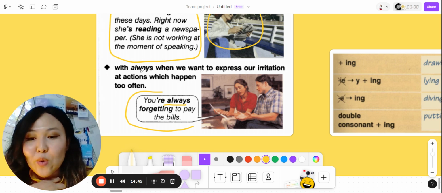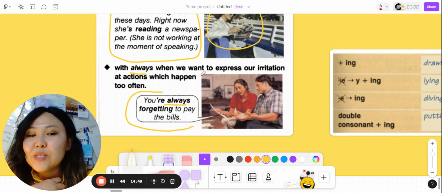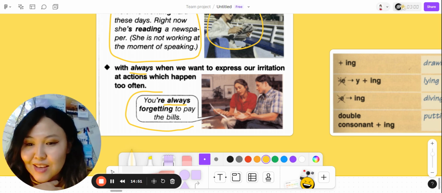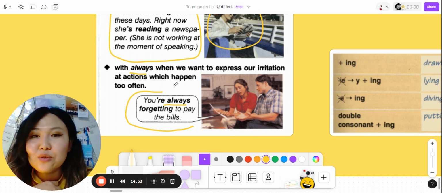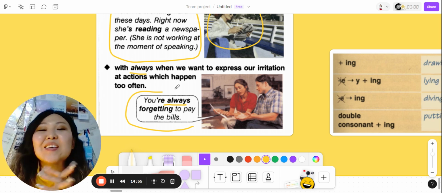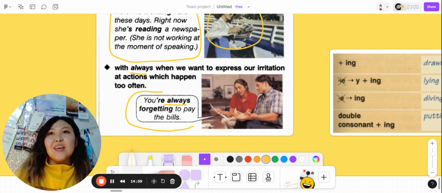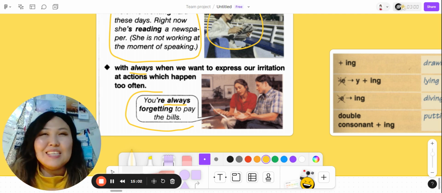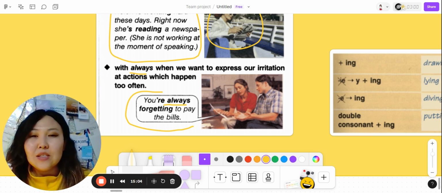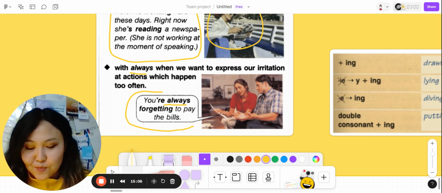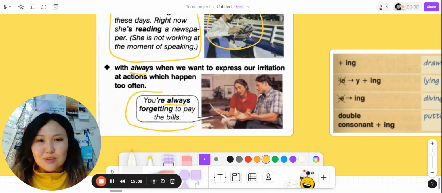So, with always, we can use present continuous when we want to express our irritation at actions which happen too often. I like using one example connected to my husband. I can say that he's always throwing his socks around the house, and I hate it. I don't like it.